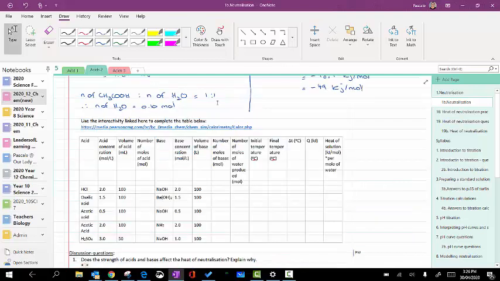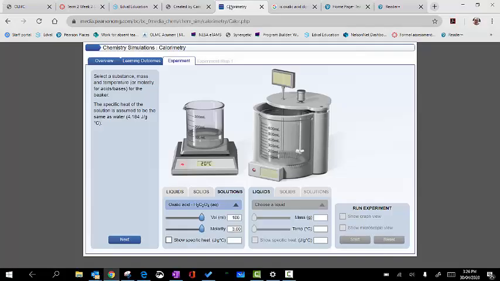The next thing you're going to have to do is to use an interactivity to get some practice at this type of calculation. It looks like this. If you have a look at the table, what I've asked you to do is to test out different combinations of solutions and to determine the heat of neutralization and to see if you can find a pattern in the data. So for example, for the first one, you've been asked to combine 100 millilitres of hydrochloric acid.